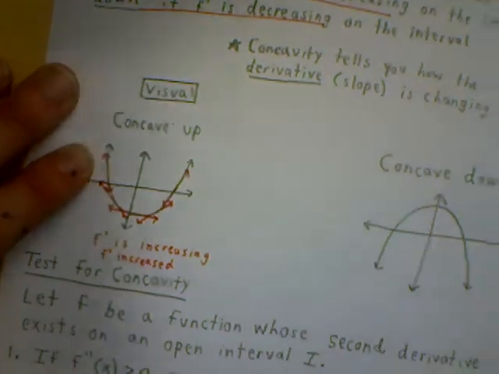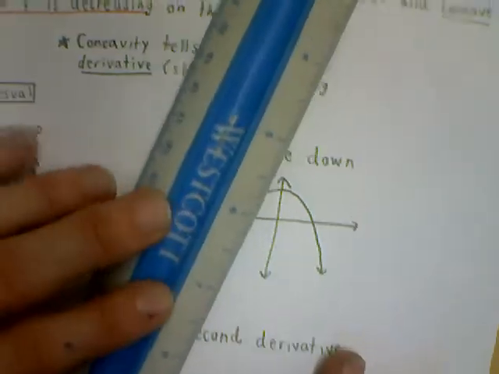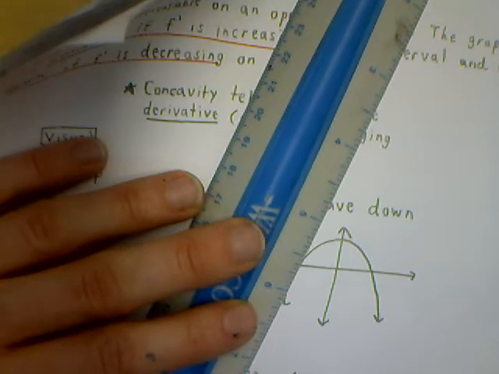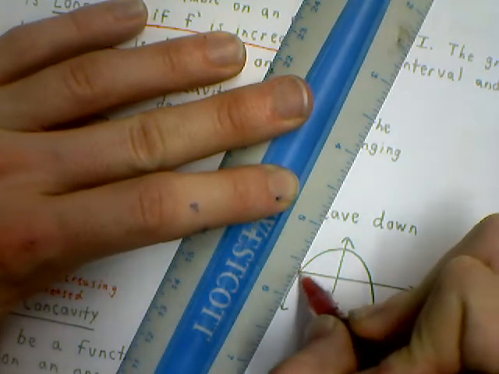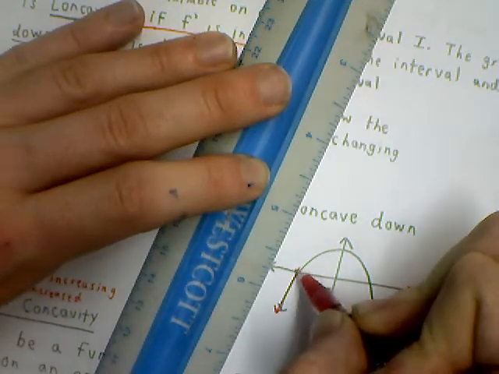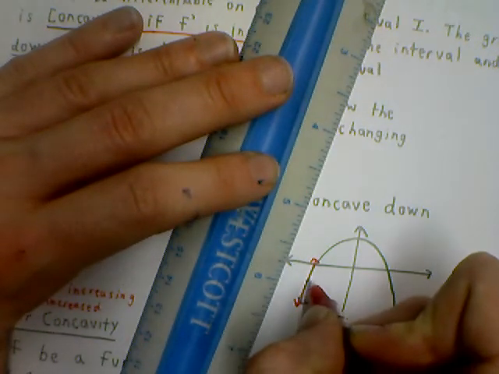It's becoming more positive. Now this graph being concave down, if I draw in a tangent line to this point, I can see my slope is very positive at the point right there.